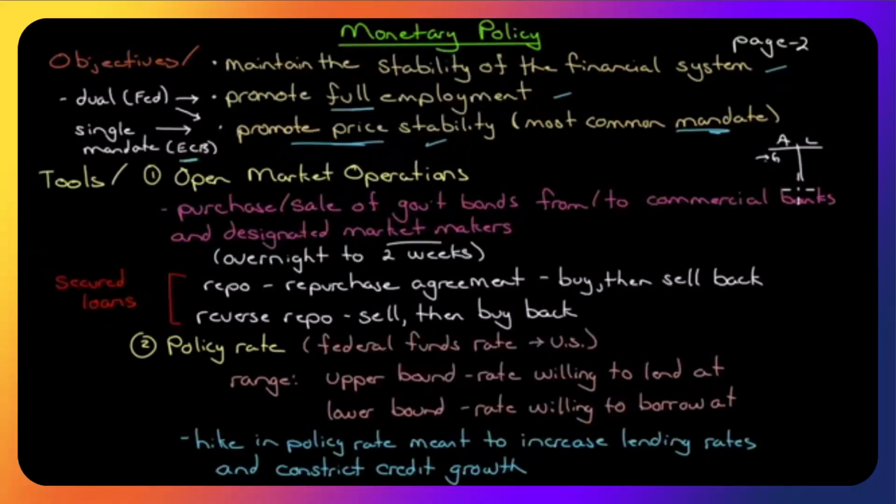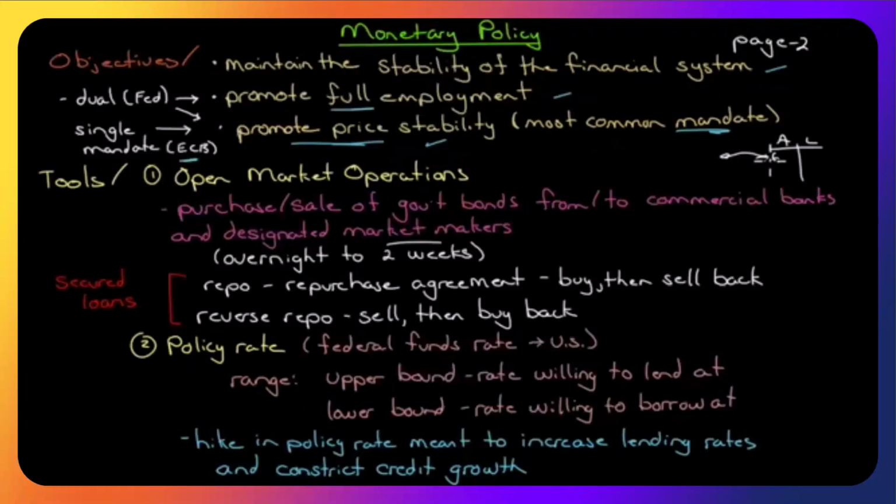It may need an overnight source of funding because, over the course of the day, deposits came in and deposits left, but the deposits leaving were greater than deposits coming in, which may rebalance itself tomorrow, so they'll borrow money for one night. Well, they can pledge their government bond to the central bank, and the central bank will then have some rate of interest at which they will pay.